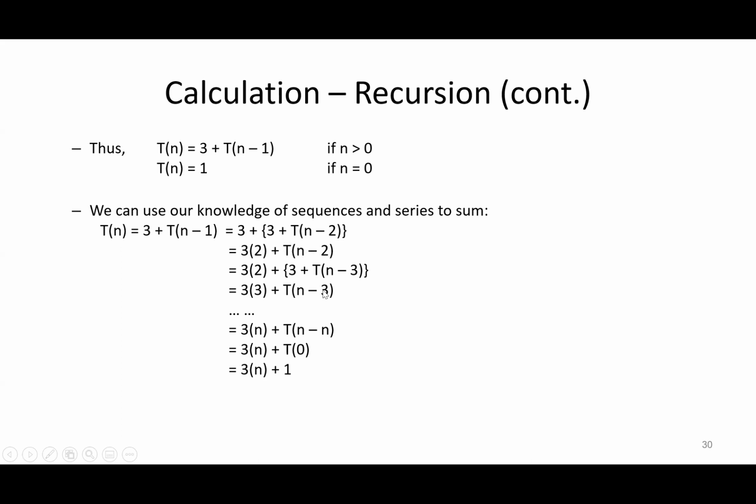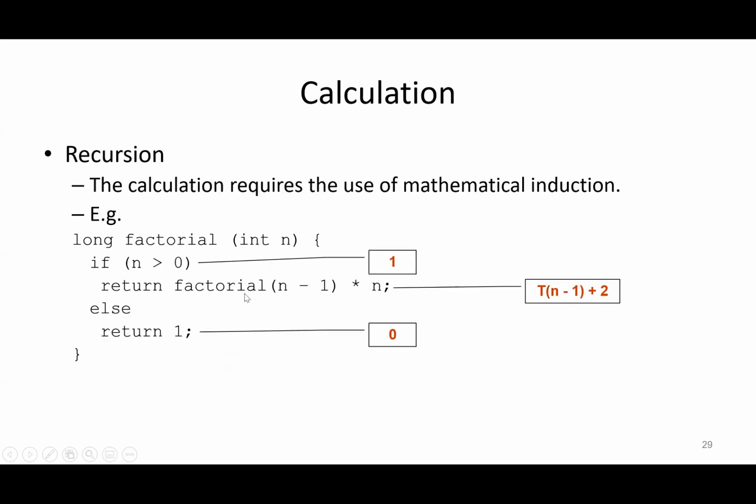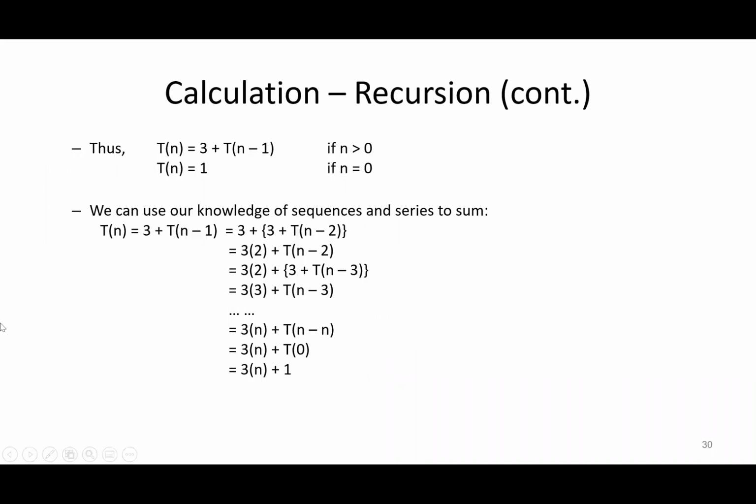This T(n minus 2), we can expand it further: 3 plus T(n minus 3), then we take out the 3 here, so 3 times 3 plus T(n minus 3), right? Why we keep n minus 2, n minus 3, because remember, whenever you call the function again, you need to minus the n by 1, right? If not, you will have an infinite loop, because your n doesn't change in the recursive function. So we have to minus the n, and you just continue until you reach the recursive case where your n is 0.